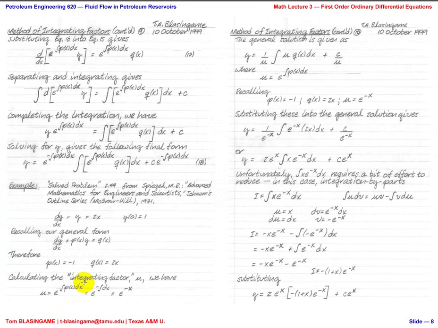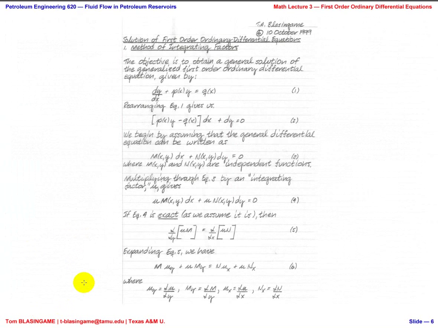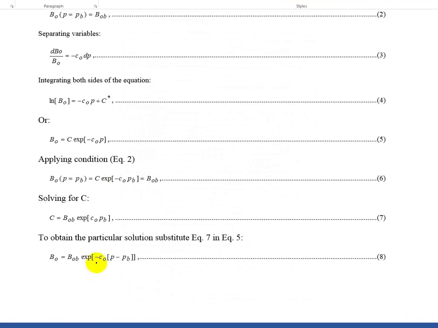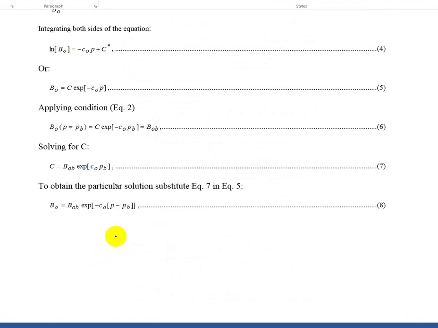Now, the second method I wanted to talk about here is the method of integrating factors. Here in the notes, it is very well explained, with a mathematically elegant way to demonstrate how this method is derived, but I would like to use some alternative notes that I prepared.